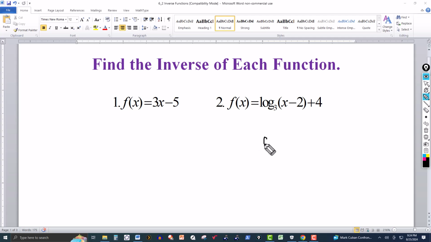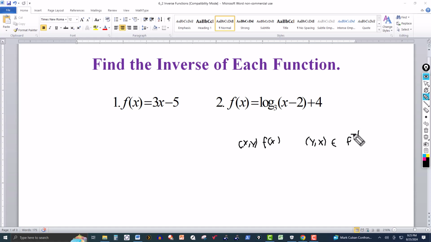If you have a function f denoted by f of x, and you take any ordered pair, and of course any function will have an infinite number of ordered pairs. You take any ordered pair, x, y, then this will imply that the ordered pair y, x, in other words, if you reverse the ordered pair, that point will be contained on the inverse, which is denoted by f to the negative 1.